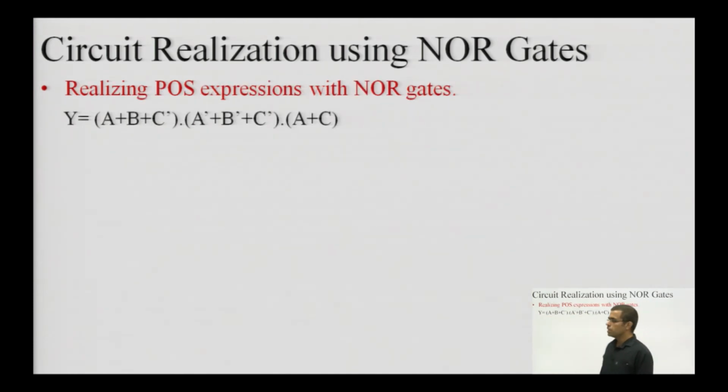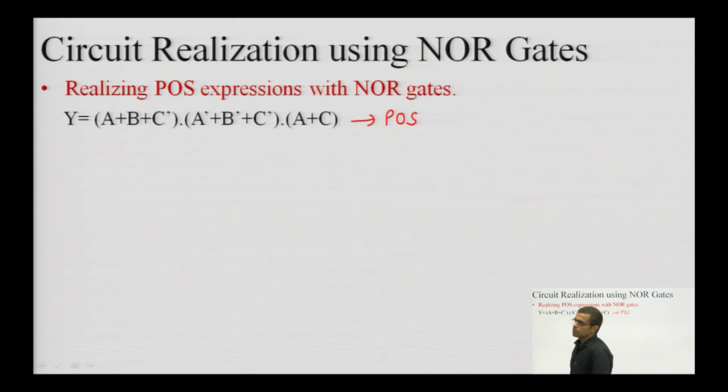Let us suppose this is an expression which is being provided to me, which says that y is equal to a plus b plus c complement dot a complement plus b complement plus c complement dot a plus c. That means, this is a POS type expression. Okay.